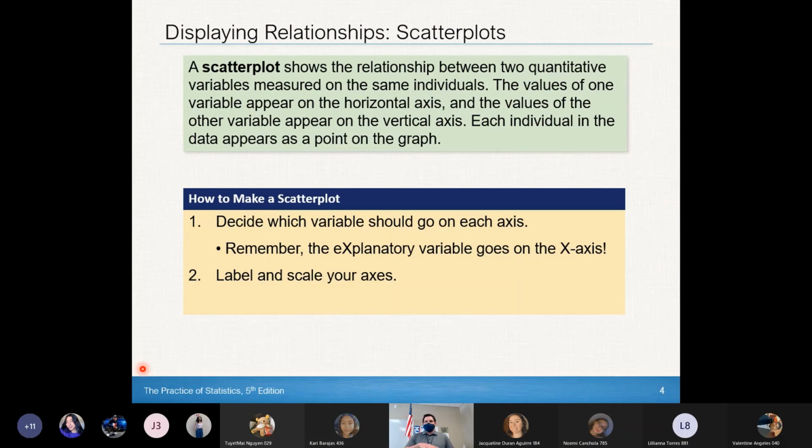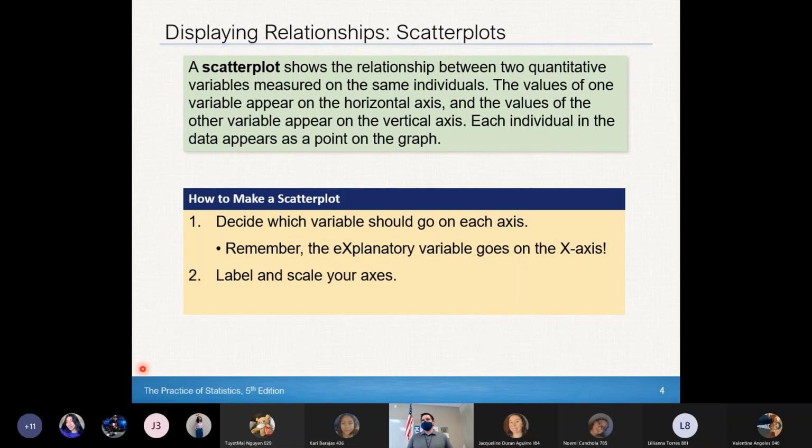That means that your horizontal axis should be evenly spaced between the possible values. Okay, you cannot jump different amounts between hash marks. You can go by 5s, 5, 10, 15, 20, 25, 30. You cannot go 5, 10, 30, 50, 75.